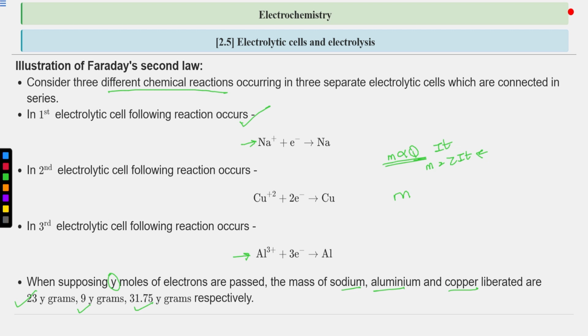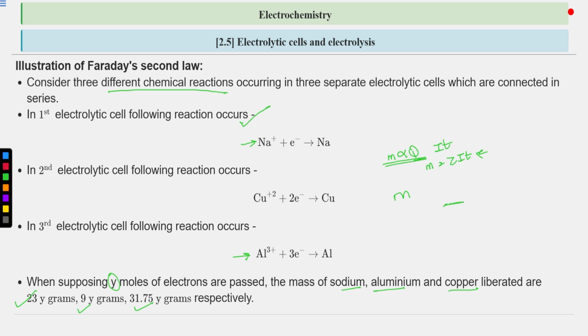Now we are saying that, supposing Y moles of electrons are passed through our cells, as I said, the cells are connected in series. Series means the same wire. That means the same amount of electrons passes through one point and ends at the second point, passing through all three cells.